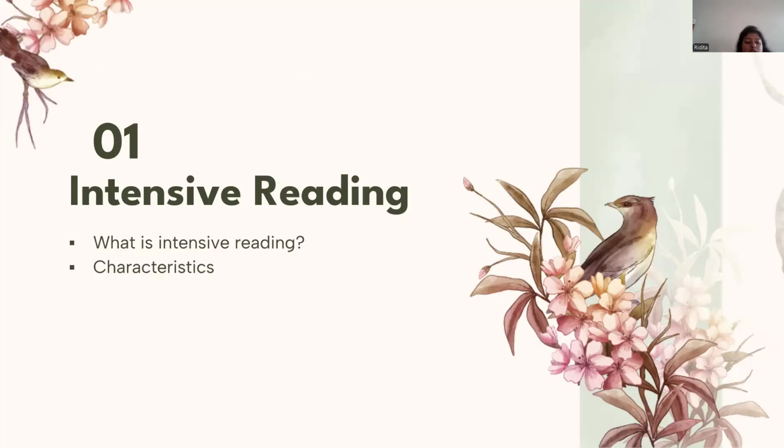Intensive reading is also focused on detail, examples, small texts, and common practices. The characteristics are reading text in depth, concentrating on form, meaning, and syntax, with detailed understanding.